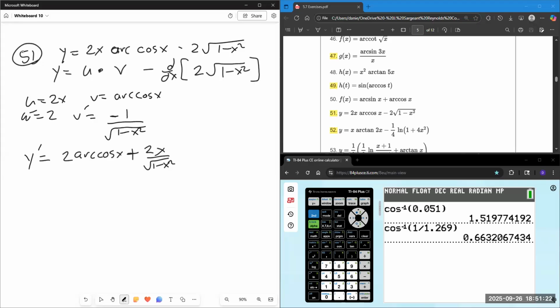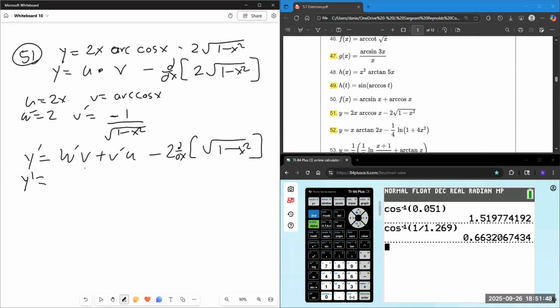Yes, so I should just write that here. U prime v plus v prime u minus 2 times the derivative with respect to x of root 1 minus x squared.